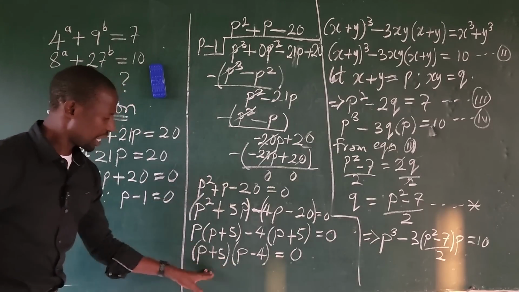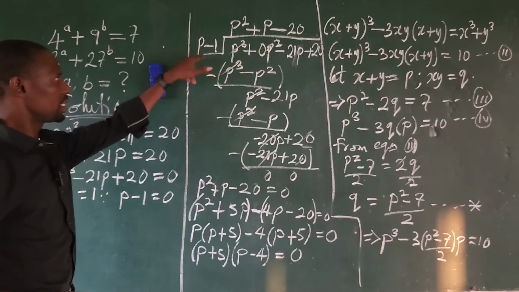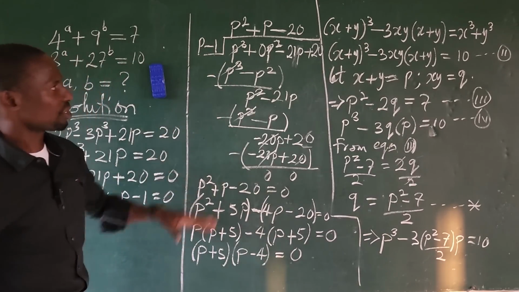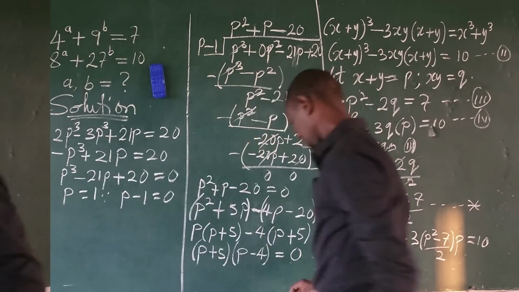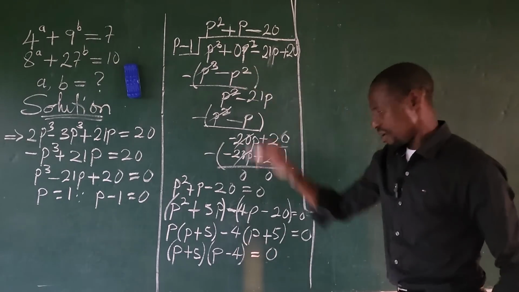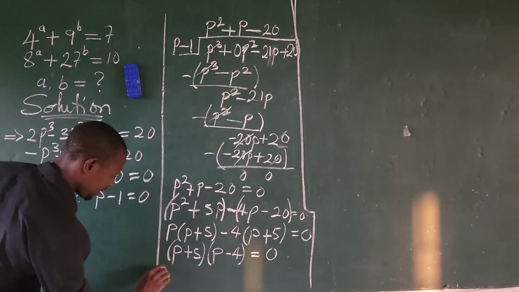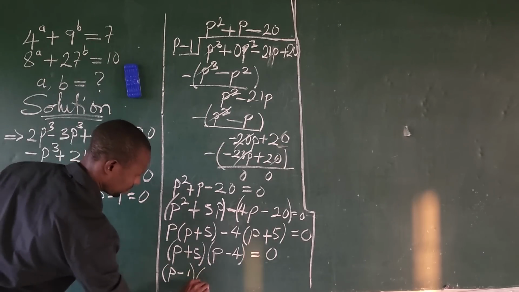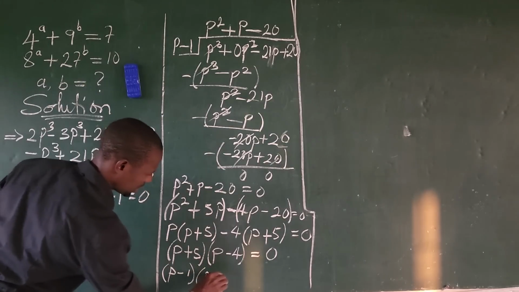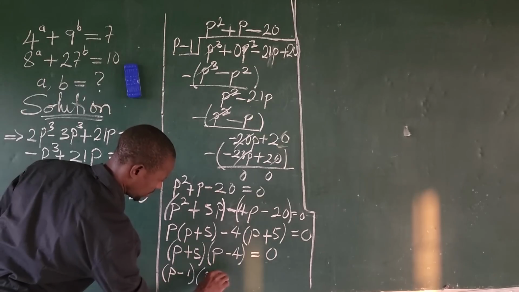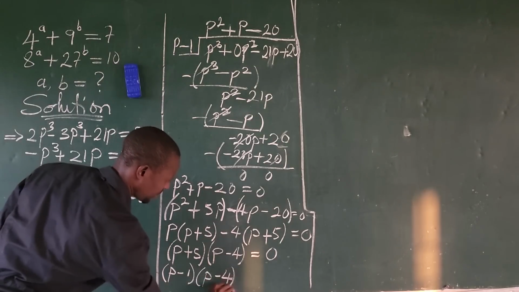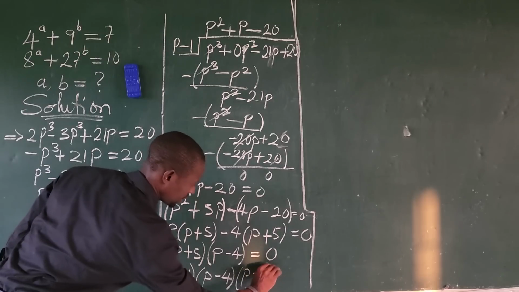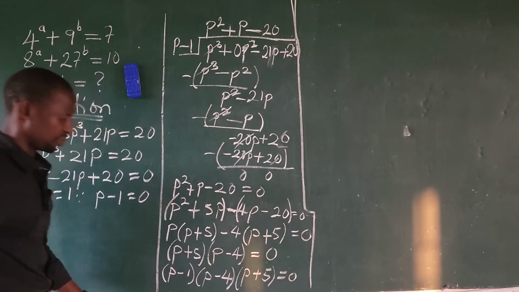Okay, so we've gotten the other two factors now. We can bring the first factor for us to get our 3 factors. So let's erase this side again. All right, before that, let's bring out all the 3 factors down here. So we have the first factor P minus 1, the second one P minus 4, then the next one P plus 5, everything equal to 0.